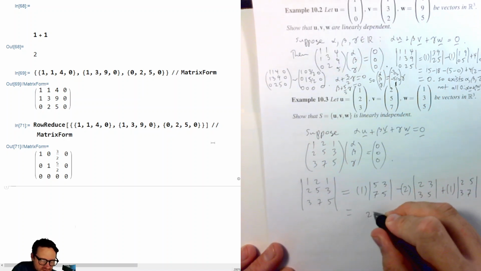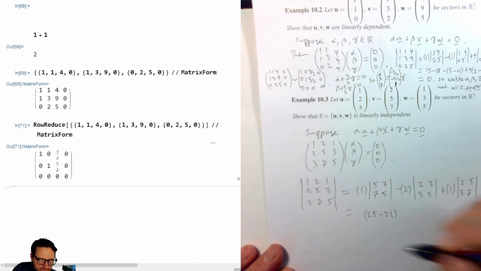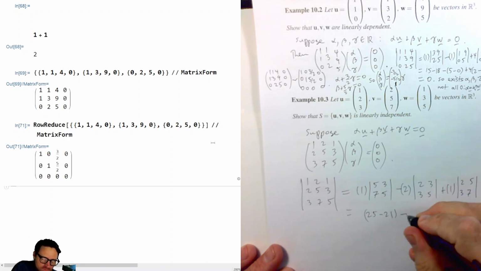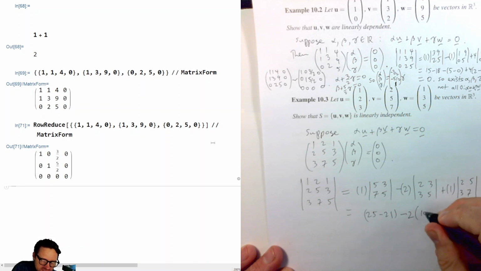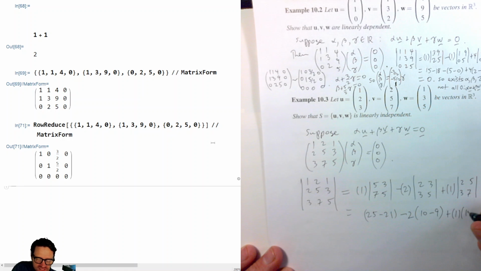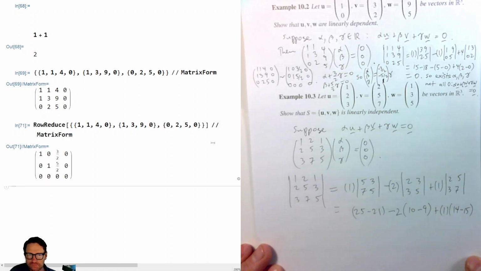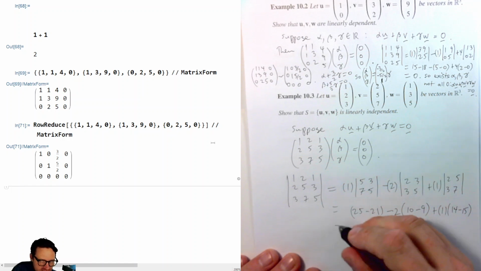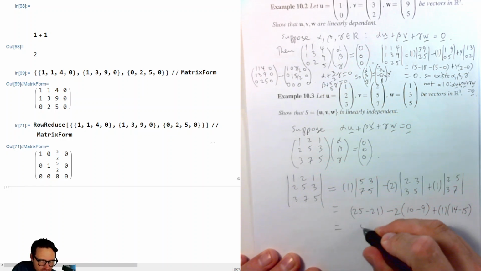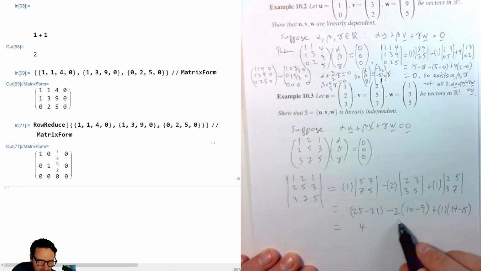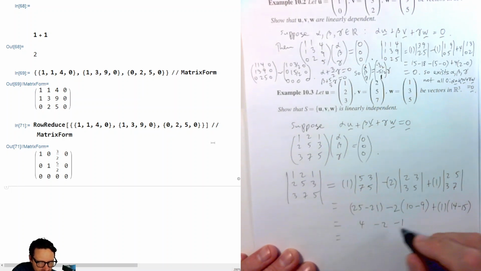Okay, so we have 25 minus 21 minus 2 times 10 minus 9 plus 1 times 14 minus 15. Okay, let's simplify this. So here we have 4 minus 2 minus 1, which is 4 minus 3 is 1, and that is non-zero.